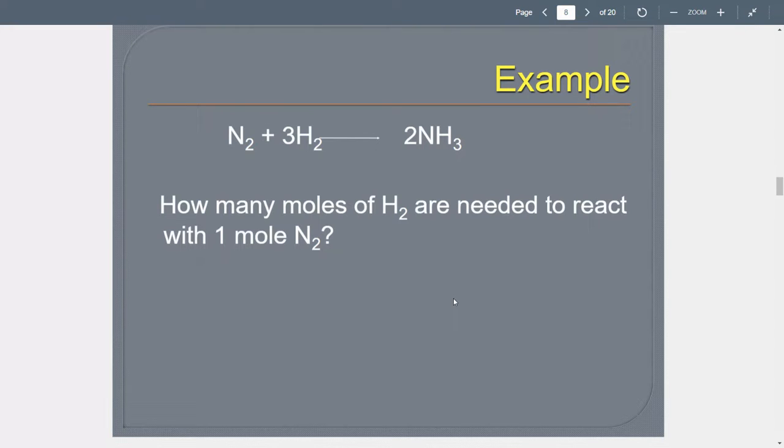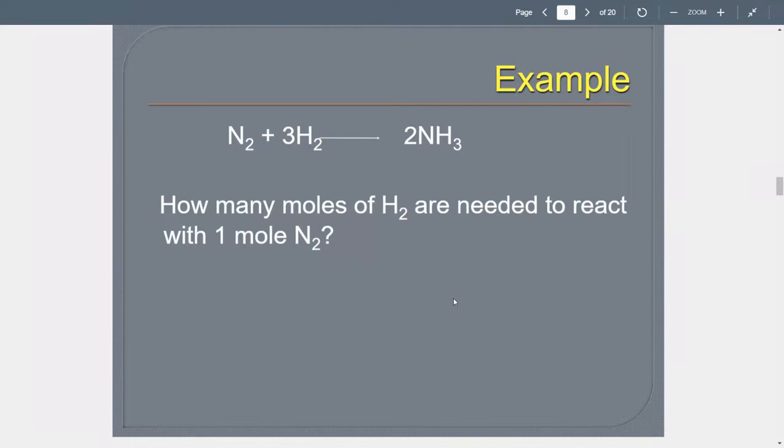So if the problem asks me to compare hydrogen and nitrogen, then whenever you're given an equation, it could have multiple reactants and products, but the question will only ever ask you about 2 at a time. In this case, it's asking me about nitrogen and hydrogen. That means ammonia is completely off my radar. I don't even care about it right now. So you don't even have to do the setup.